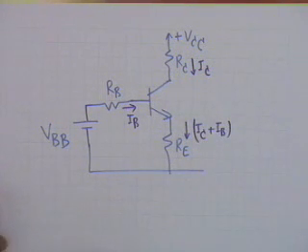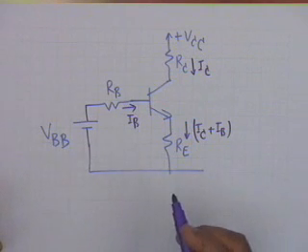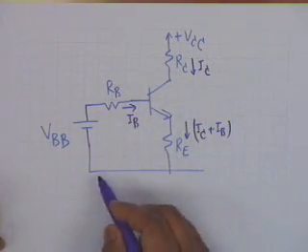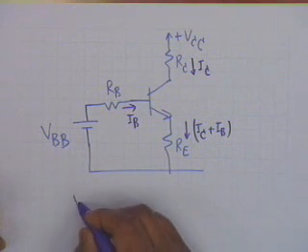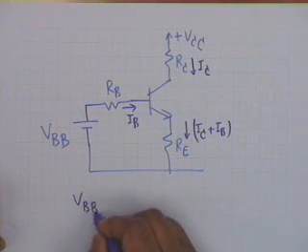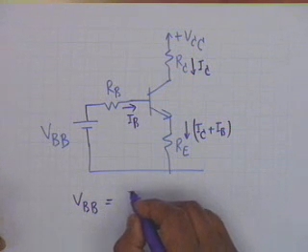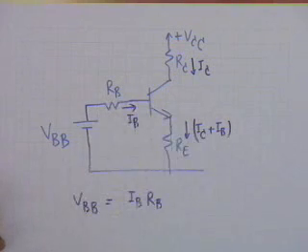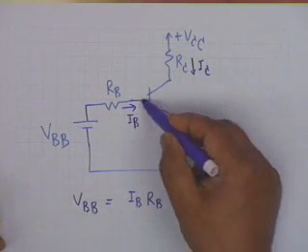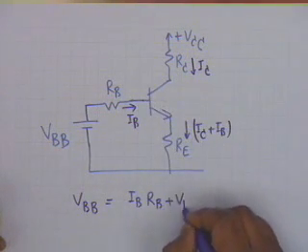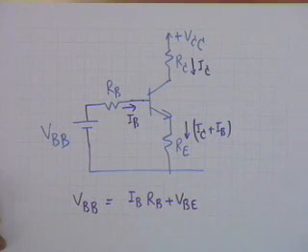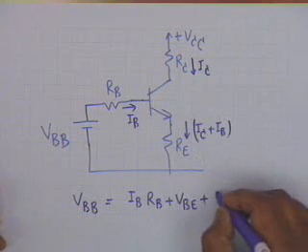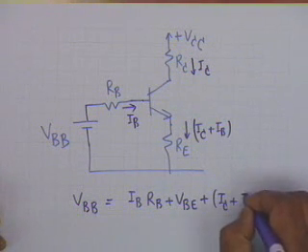Now if I write the KVL equation around this loop, then I get VBB is equal to I sub B RB, the drop in RB, plus the drop from base to emitter, VBE, plus the drop across RE, which is I sub C plus I sub B times RE.